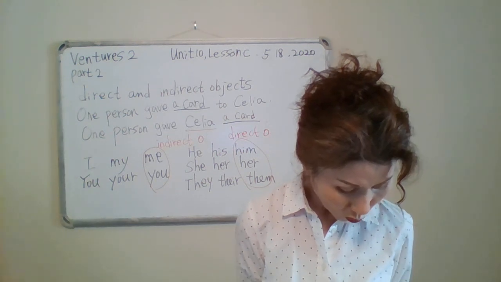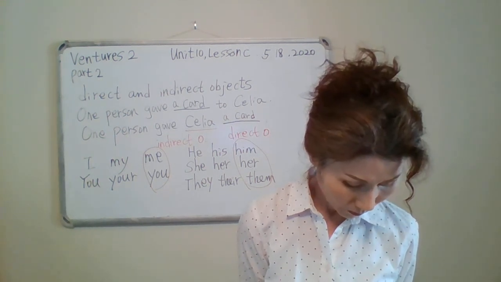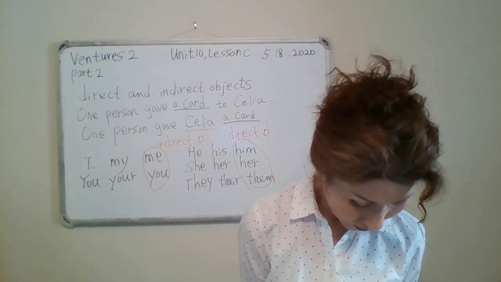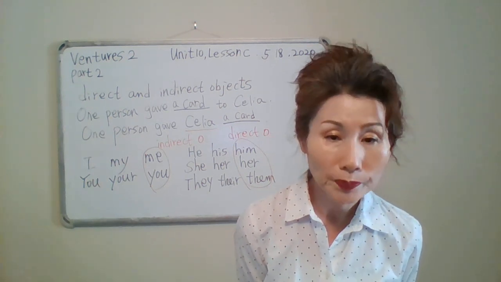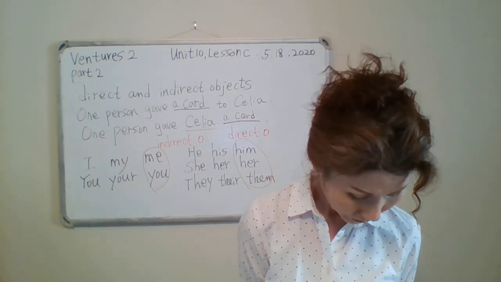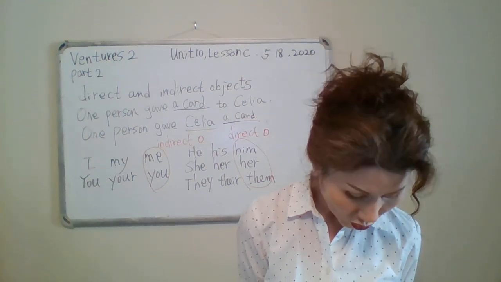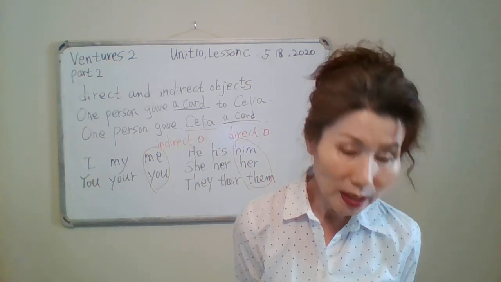Five, what did Joe give Eva? He gave her roses. Six, what did Joe send Paul? He sent him an invitation. Number 7, what did Joe send David?